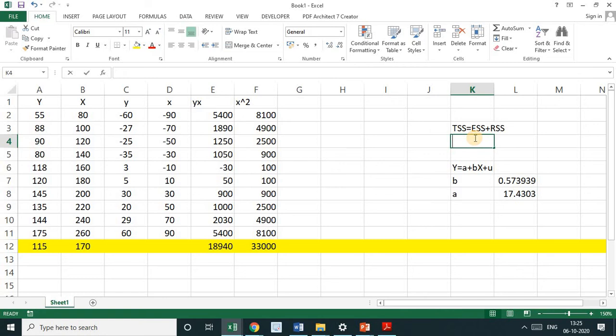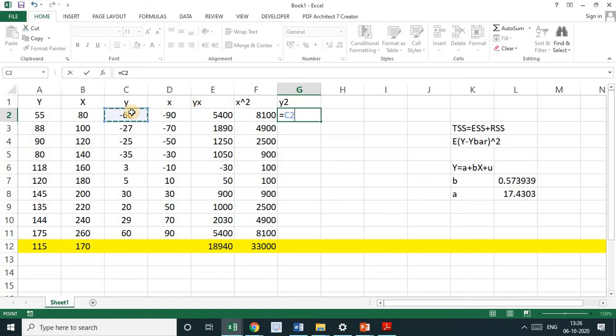TSS is nothing but sigma y minus y bar square. How can we find y minus y bar? Y minus y bar is equal to small y, and then small y square summed is TSS.